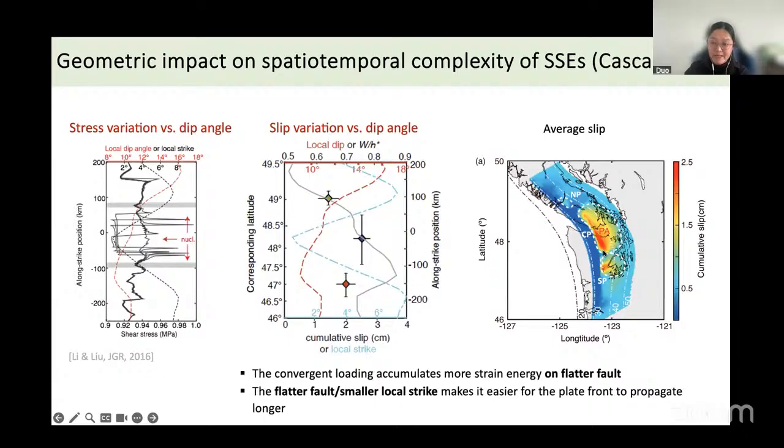This has revealed that the geometry of the subduction interface is very important to determine the magnitude and the recurrence interval of the slow slip event.